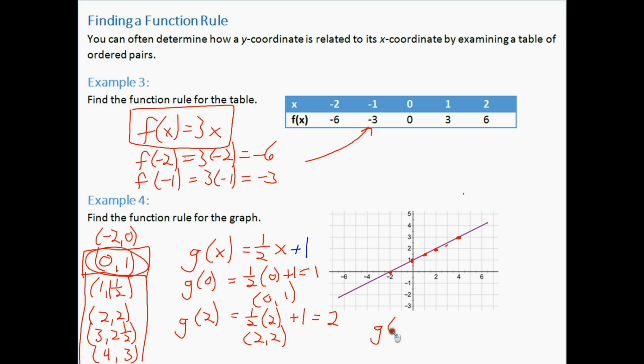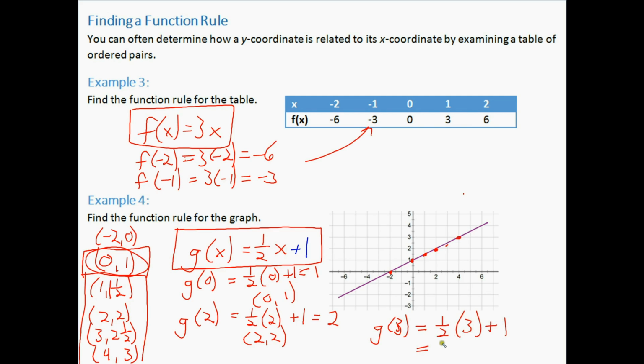Let's do g of 3, because that gave us a 2.5, and we haven't had a half yet here. So let's put that in there. So 1/2, and we're putting 3 in for our x value. So 1/2 times 3 plus 1. Hopefully you're realizing I'm plugging all these numbers back into this function here.